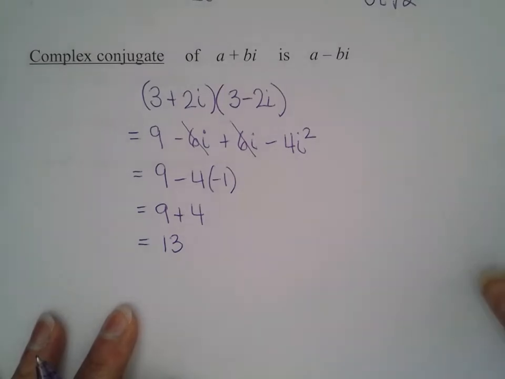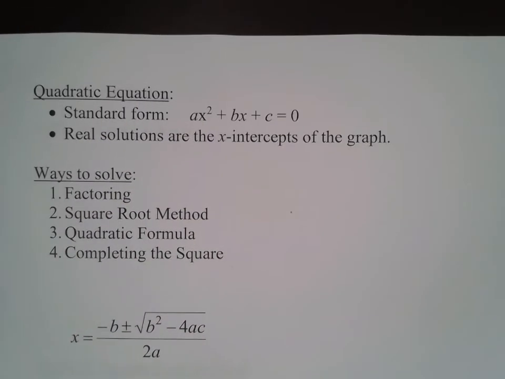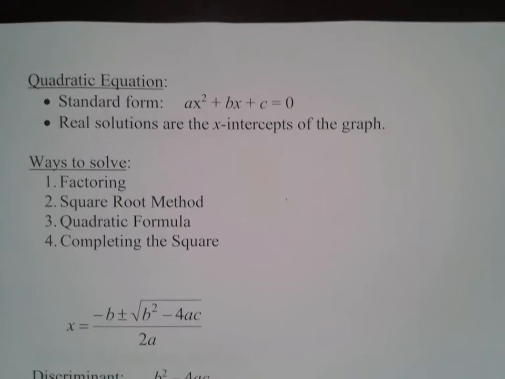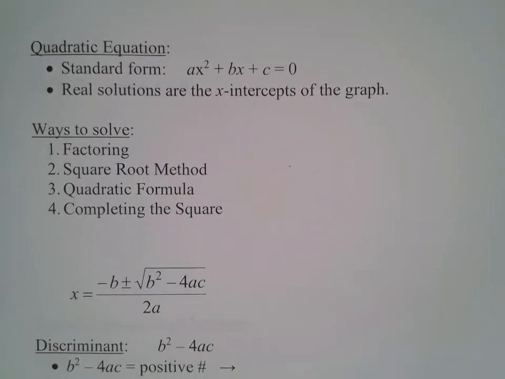All right, so now let's dive into solving quadratic equations. A quadratic equation, the standard form looks like ax squared plus bx plus c. The solutions of this equation that are real numbers show up as the x-intercepts of the graph.